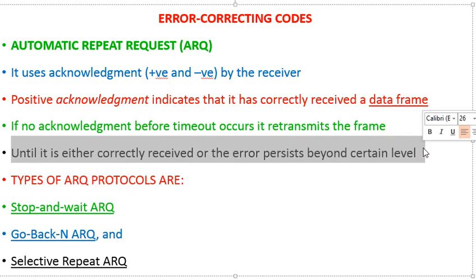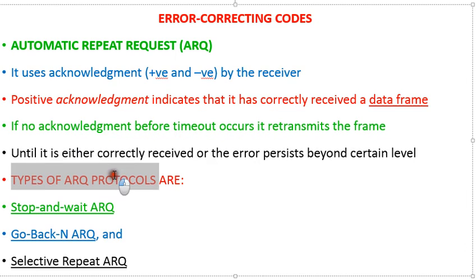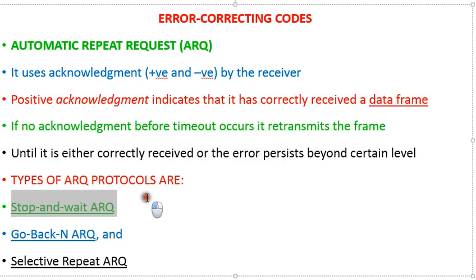Maybe it is programmed to send 10 times. Once it finishes that without acknowledgement, it will stop sending. And this automatic repeat request has different methods, different protocols. Number one is called stop and wait automatic repeat request. The other one is called go back n, and the other one is called selective repeat.